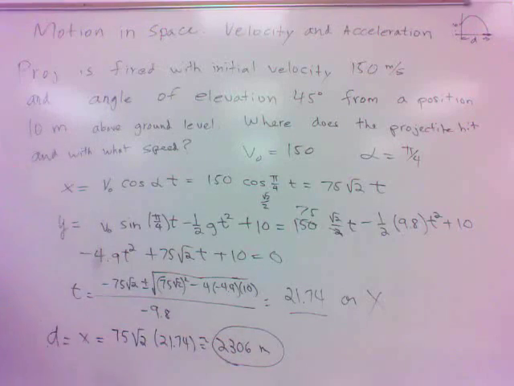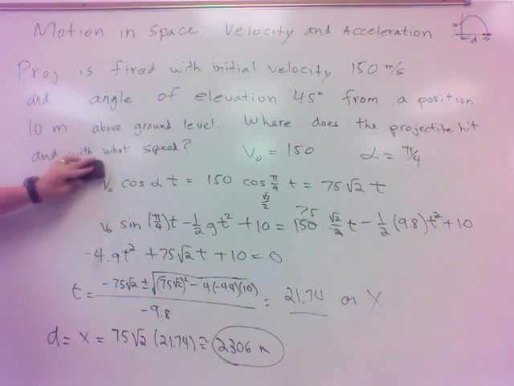So that's the distance the projectile hits. It was 2,295.9 for shooting it from the ground, so that's only a difference of 10 meters. It's funny how you shift yourself up 10 meters and the x changes so little. It's pretty small.